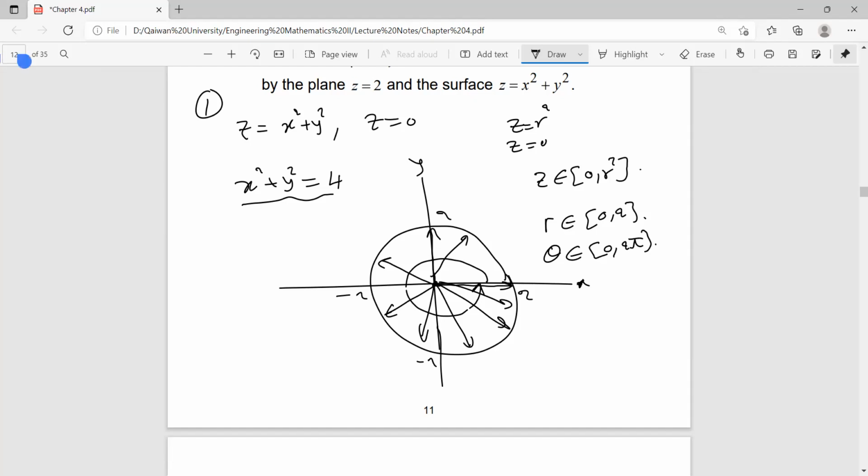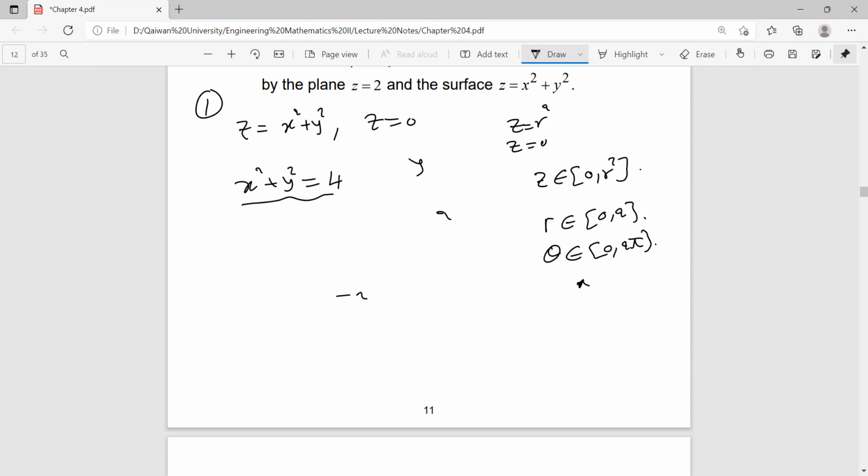We talked about this before in double integrations. Okay, in polar coordinates we talked about this. Now we have r, theta, and z, and we should check the integration. We say dz, dr, d theta.